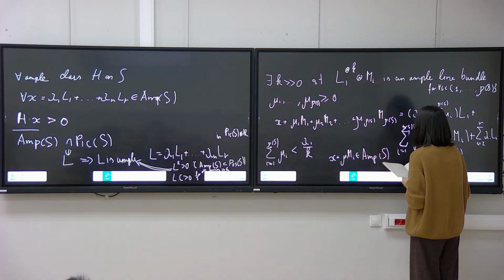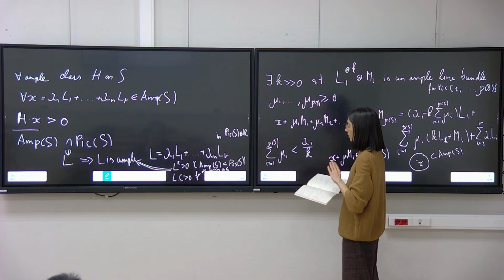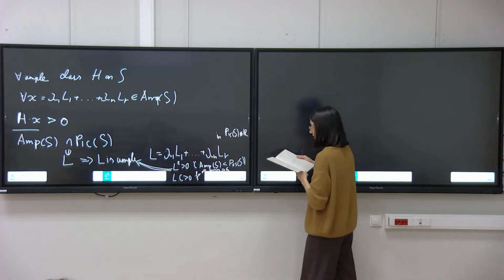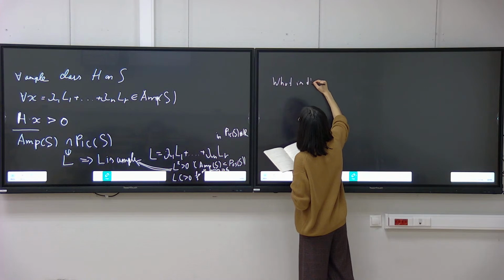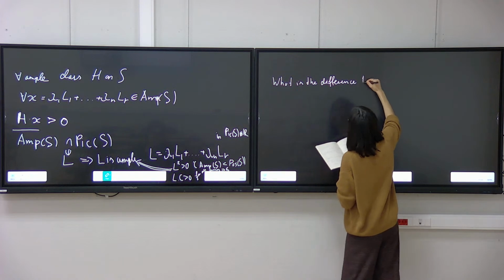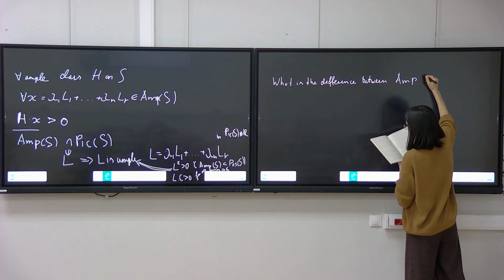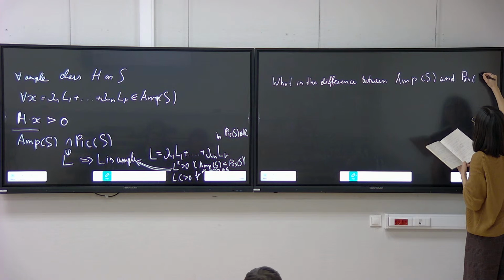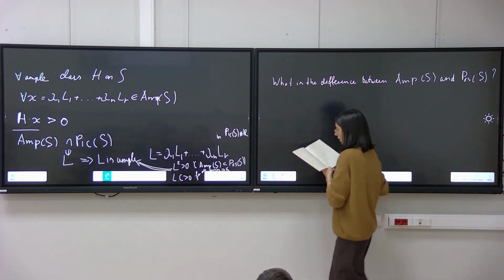Okay. Now we proved the statement about the ample cone. And now we want to understand what is the difference between these two cones that we have: the positive cone, that is the connected component that contains the ample cone, and the ample cone.